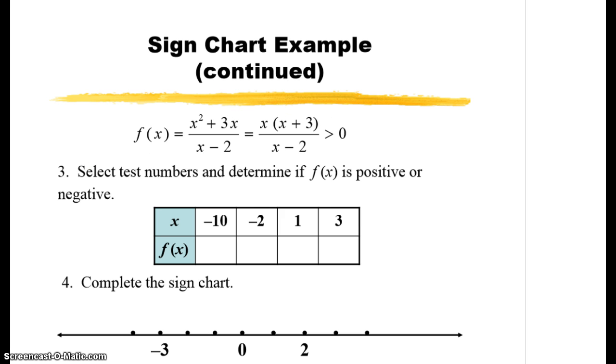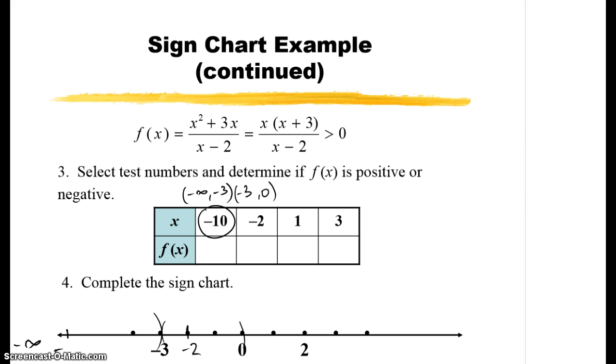Okay, step 3, select test numbers and determine if f of x is positive or negative. Here's how to do this. The first interval is from negative infinity to negative 3, so we pick the number negative 10 as a test number. The second interval is between negative 3 and 0, and we pick negative 2 as a test number.